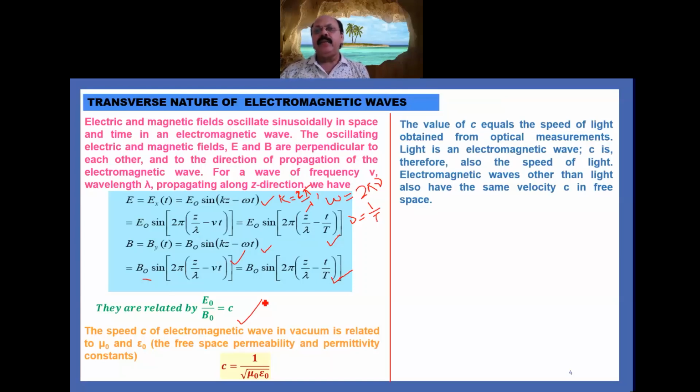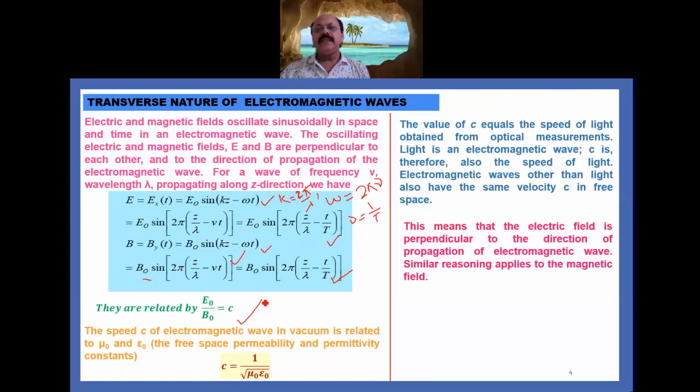Light is an electromagnetic wave. c is therefore also the speed of light. Electromagnetic waves other than light also have the same velocity c in free space. Means the electromagnetic waves travel with the speed of light.